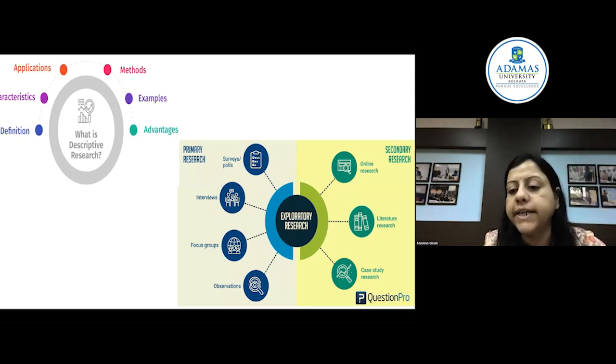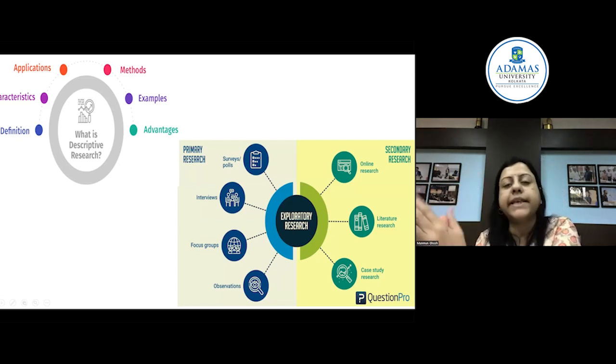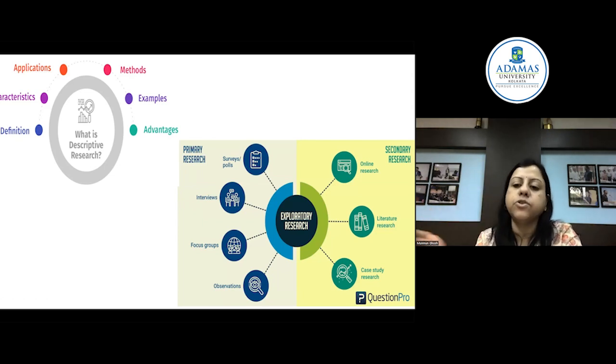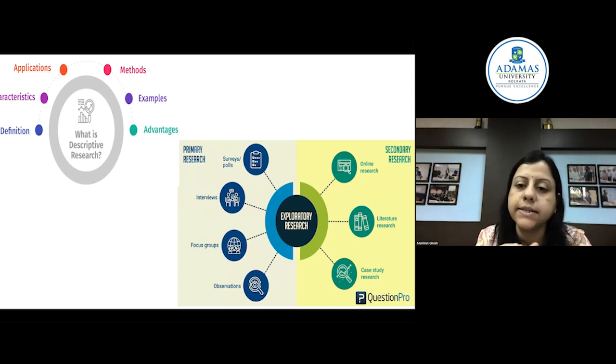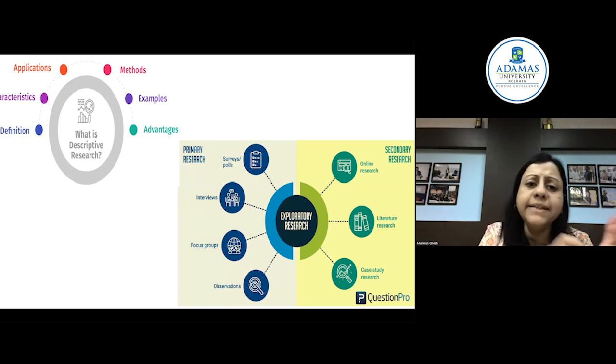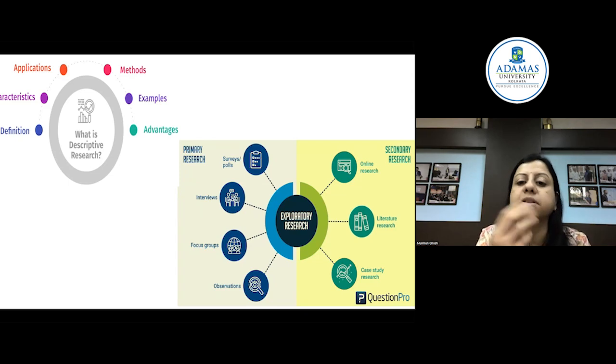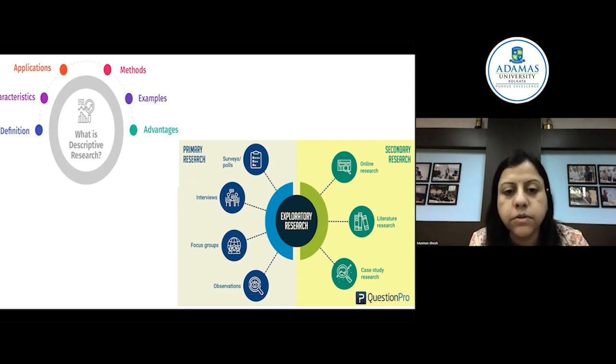But when we work on our research, just down below on the left, we portray mostly primary or secondary research. We start with secondary research: we explore literature, look into cases, find online searches and some secondary databases based on our study. Then, based on our research questions, we either set up surveys or polls for quantitative work, or we set up interviews, focus groups, or experiments through observation.